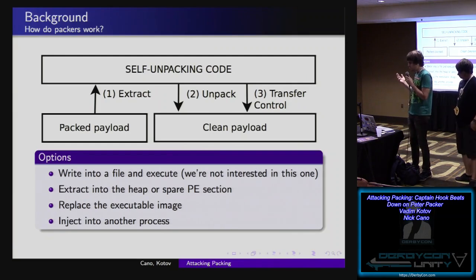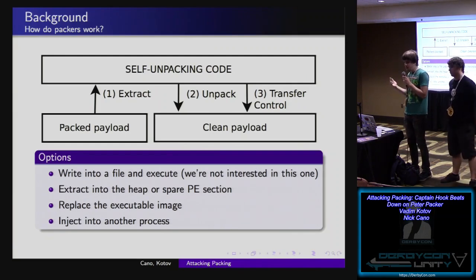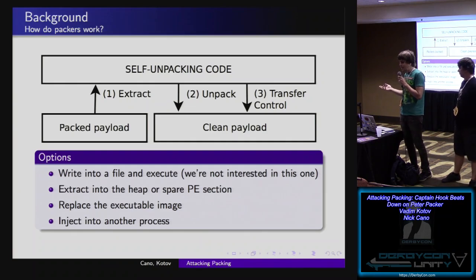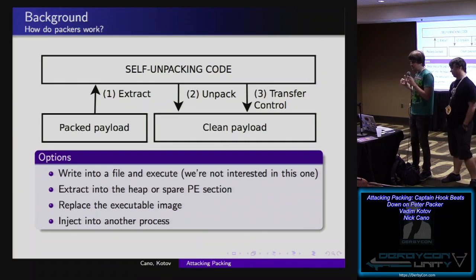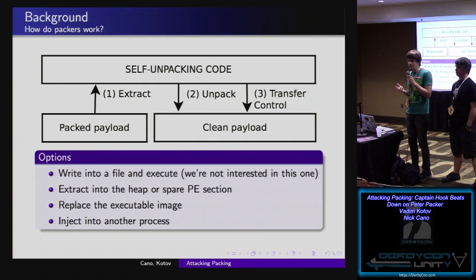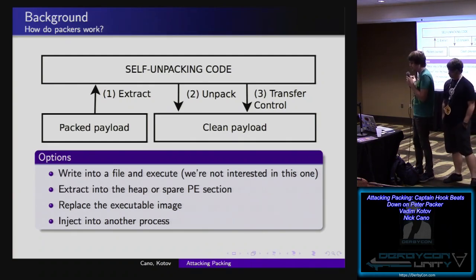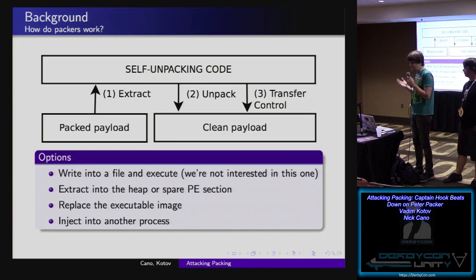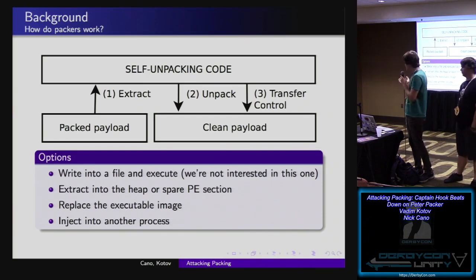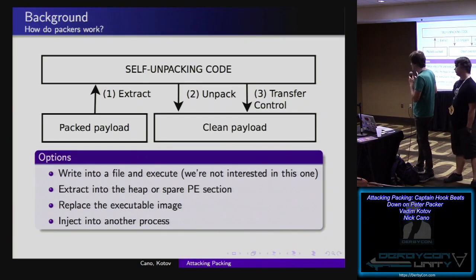First, malware can write it into a separate file and then launch that file. But we're not interested in that because this is trivial. You just need to watch for changes to the file system. What we're more interested in is what happens in memory. There are actually many ways to do that, but most of the time there are 3 approaches.